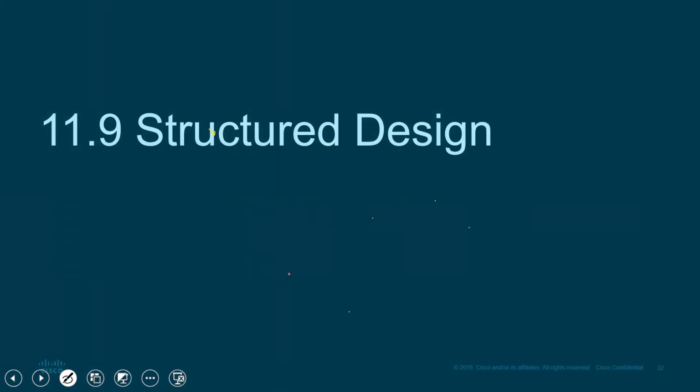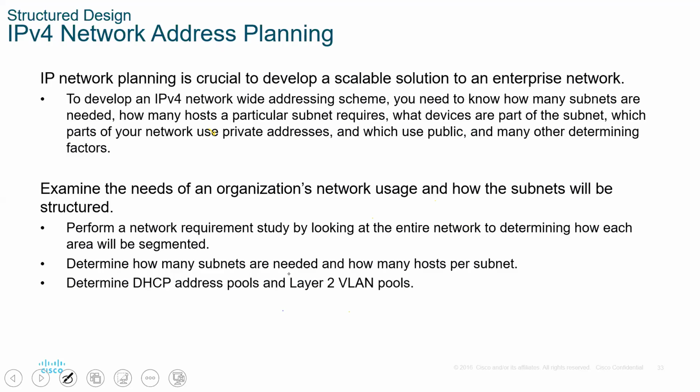Okay, finally, let's look at structured designs. In IP version 4 network addressing planning, you are a network administrator and you want to design the IP structure for your network. IP network planning is crucial to develop a scalable solution for an enterprise network.